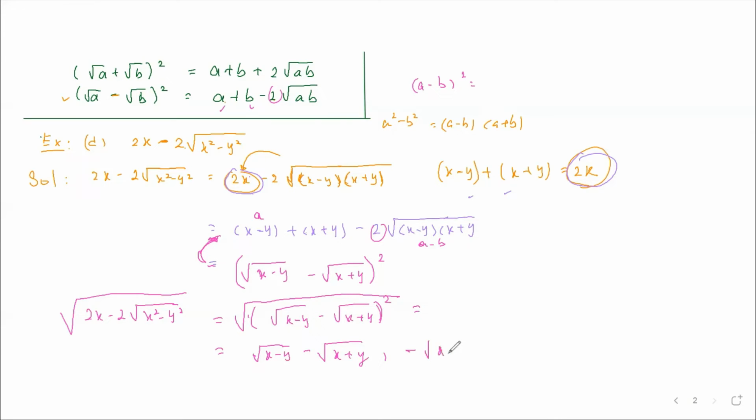So square root of x minus y, and then plus square root of x plus y. Okay, so it can be either one. You can test it to the power 2, and see it should equal the original question, or just equal to this line.